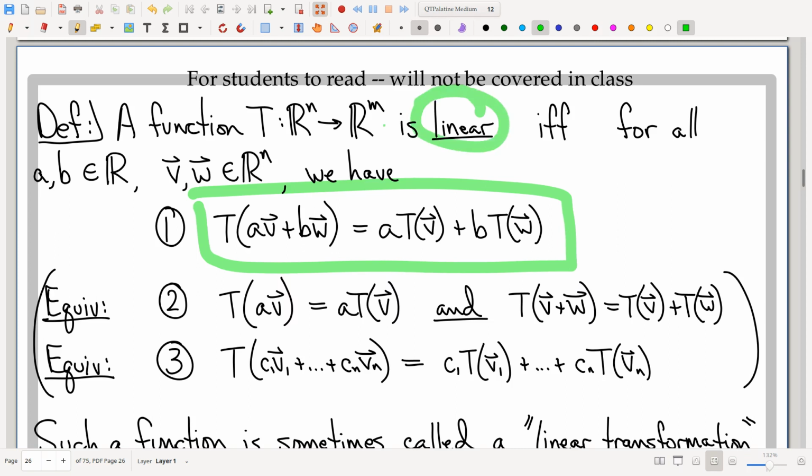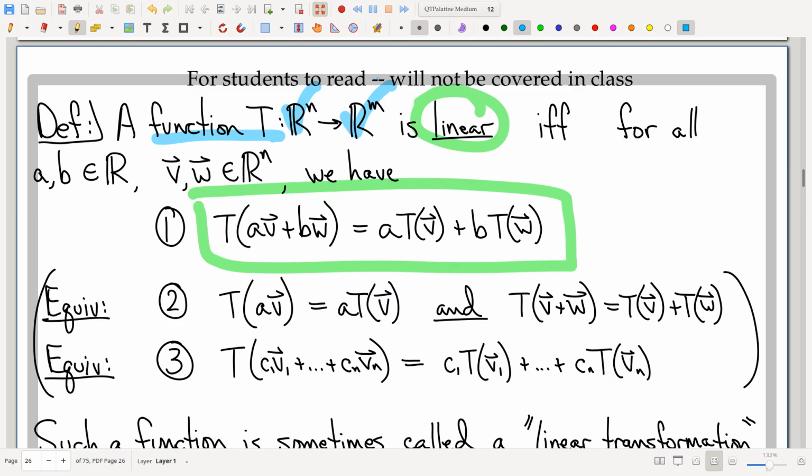And so linear, in describing a function, specifically a function from one vector space to another vector space, we're going to keep it Euclidean in this class. Almost everything we're going to do in this class is going to be Euclidean, Rn to Rn.